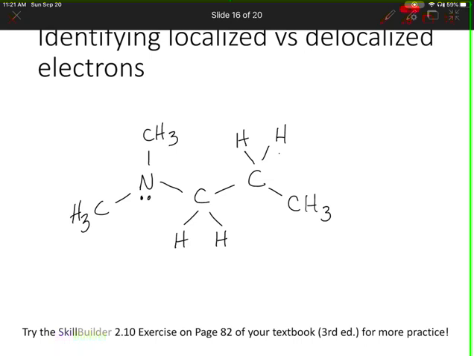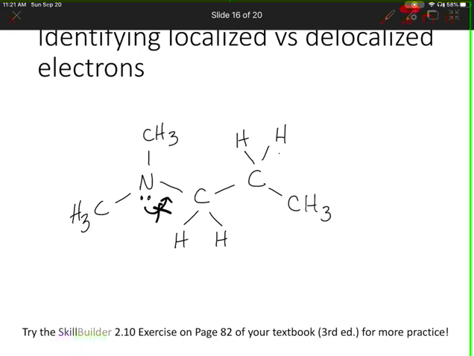So can we move this lone pair of electrons on nitrogen over? No, because we don't have any other electrons to move around. And if we move that lone pair over, the carbon in the middle will be a Texas carbon. So it will have 5 bonds. So we can't do that here.